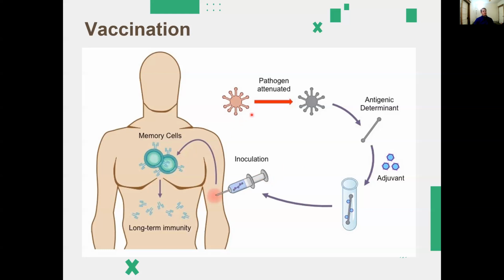Keep in mind, important step here, this pathogen is attenuated, so it's weakened down. Here is where it loses its ability to cause the disease, and then this antigenic determinant is combined with the adjuvant, and that's what you are injected with, and that is why you get the memory cells being formed.